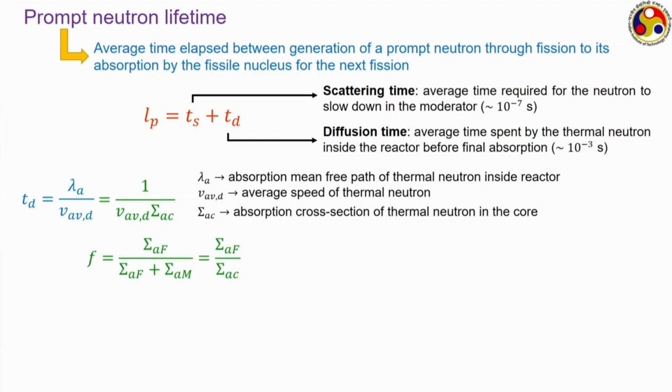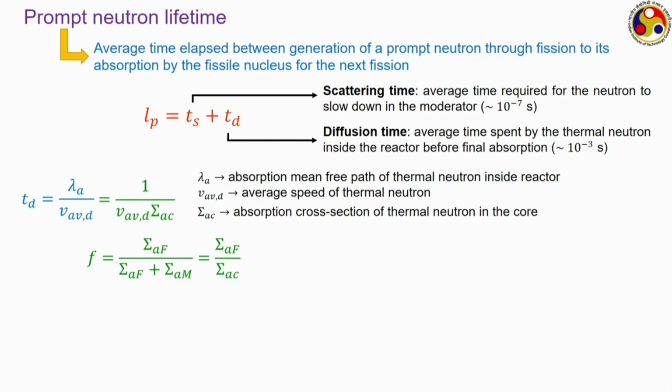Next, this small f we have defined earlier is the thermal utilization factor. So, thermal utilization factor is the macroscopic absorption cross section of the fuel divided by the macroscopic absorption cross section of all other elements present. This is after becoming thermalized. Here we are considering only fuel and moderator.